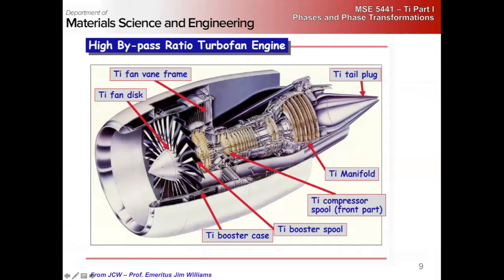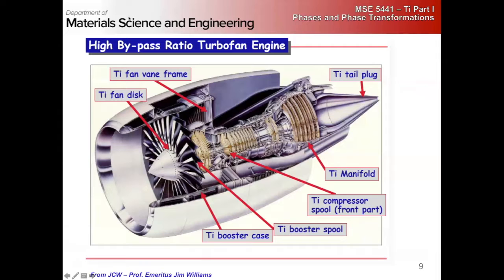And this first stage fan actually isn't physically connected to the rest of this turbine. It's just an aerodynamic coupling. The air being drawn through the center causes this fan to spin and pushes the air around the outside. It's not a direct shaft coupling to the rest of the engine.